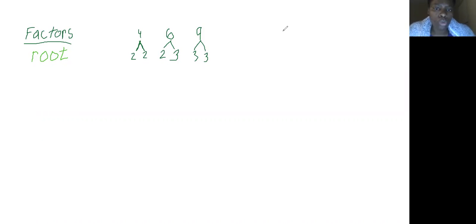Okay, so I want you to try to do a factor tree for the next couple of numbers. I'm going to say the number 15, and then also the number 21.